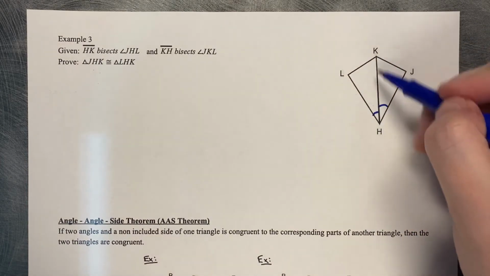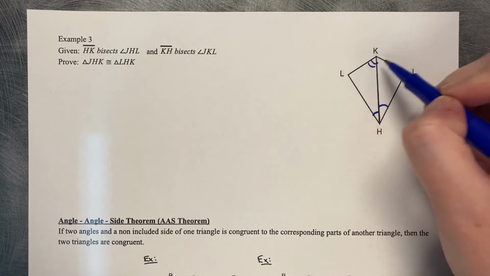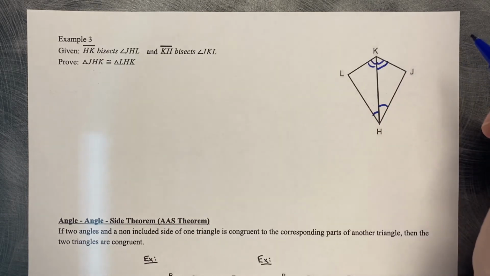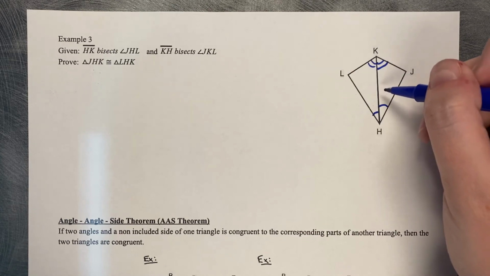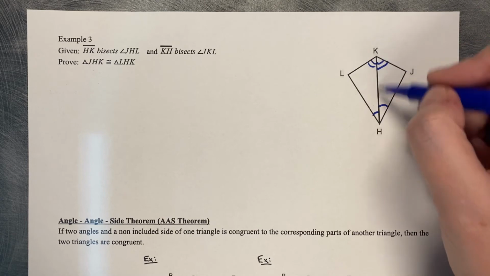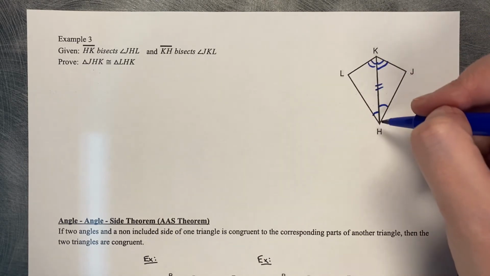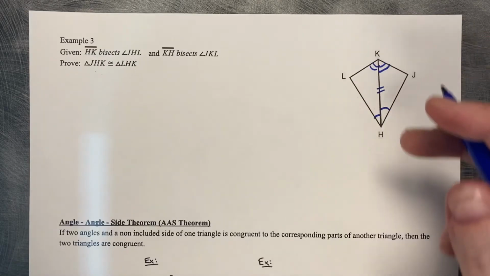And KH also bisects angle JKL, so these two angles are congruent. And we're trying to prove that the two triangles are congruent to each other. So the last piece that you're missing is the included side. So once again, the shared side comes into play, and that KH is congruent to KH to get us a shared side length between the two of them.